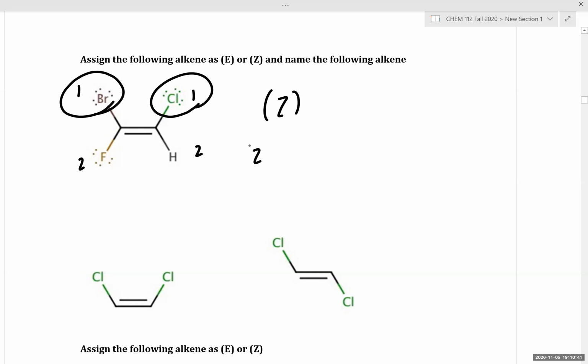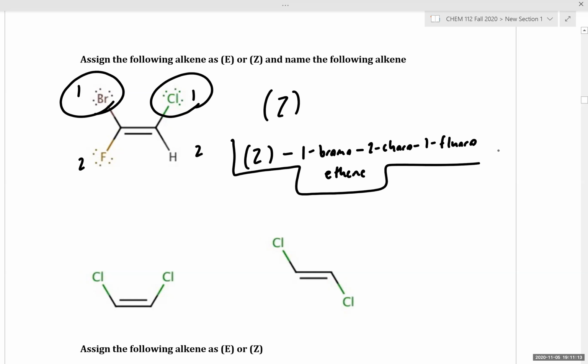If you're curious how this would be named, you'd call this Z-1-bromo-2-chloro-1-fluoroethene. And I guess it would be 1Z, but we just replace that with Z. So this would be a Z alkene. Does this first proposed name make sense?